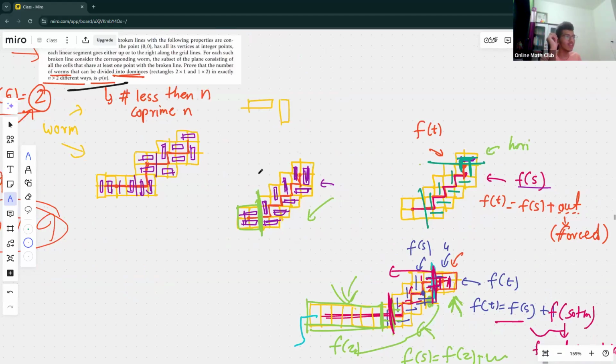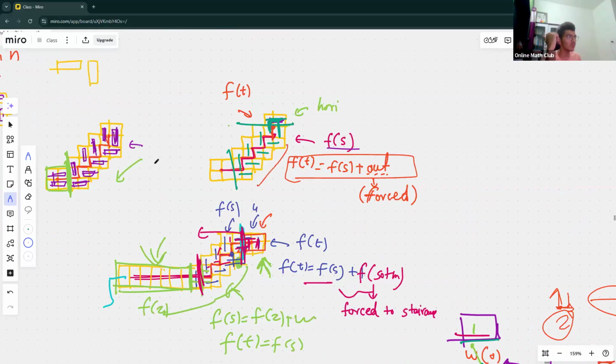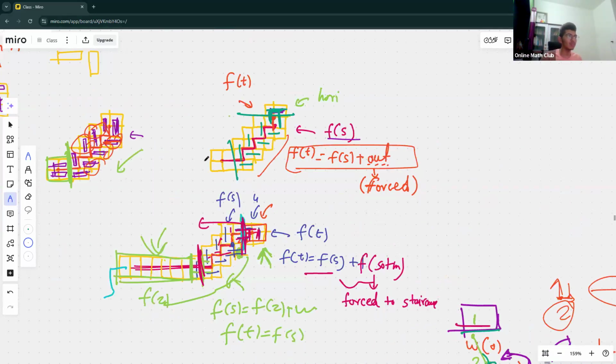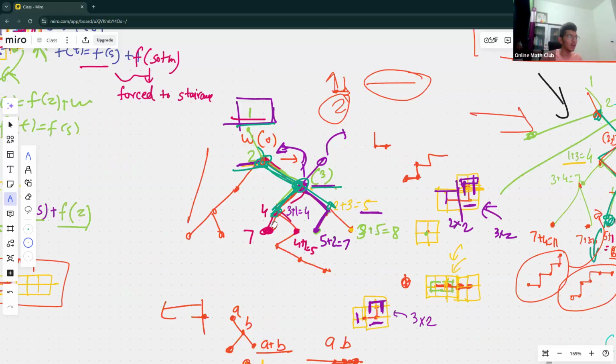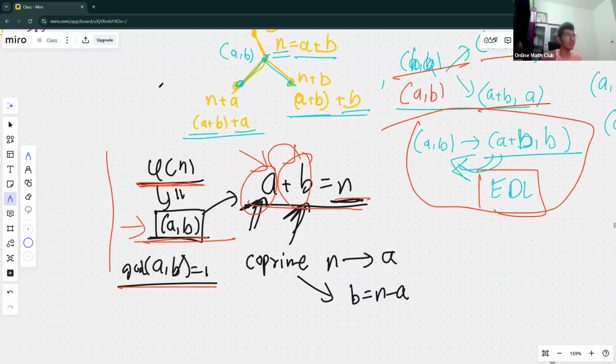Here you have to consider this Fibonacci-like recurrence to prove the staircase is fixed, by saying the horizontal cover is fixed, so we have to cover this and this. Then you consider this binary tree and argue that this follows, which is actually the Euclidean division lemma. The number of such pairs is phi of n, and all of these pairs come from the Euclidean division lemma.